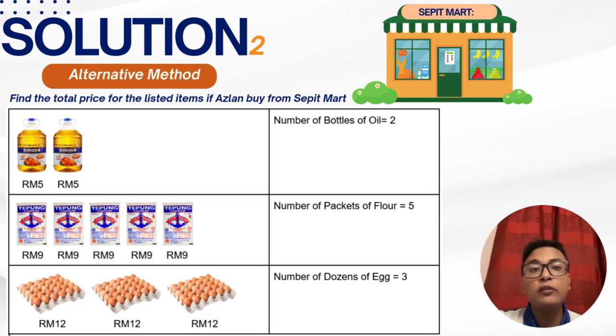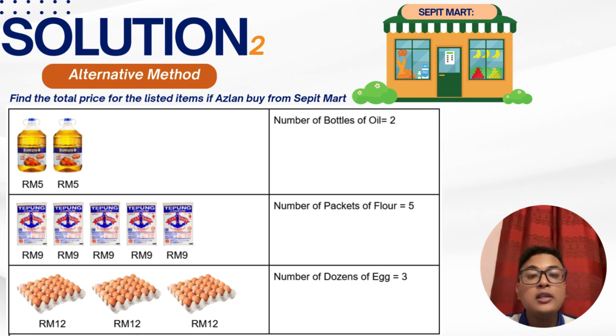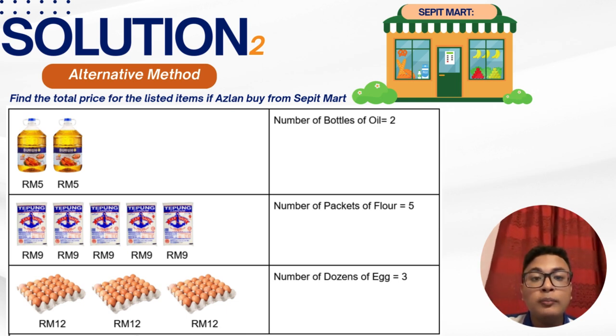Alright, for the next step, we have to find the total price for the listed items if Azlan buys from Sepit Mic. We use the same method, which is the iconic representation. We put the picture of the oil. We need 2 bottles, and we label it with 5 ringgit.